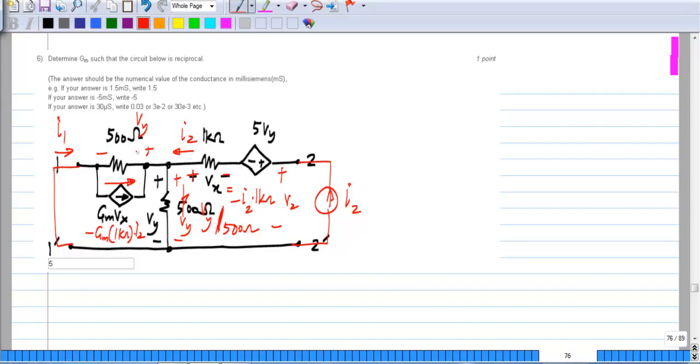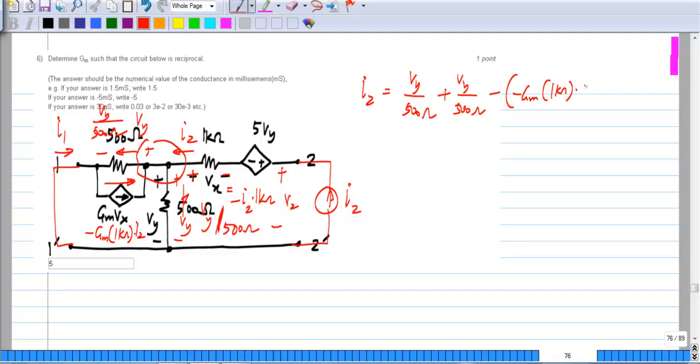So the current here is Vy divided by 500 ohms. So applying KCL here, we'll get I2 to be Vy divided by 500 ohms plus Vy divided by 500 ohms minus the current through this Gm, which is minus Gm times 1 kilo ohm times I2.